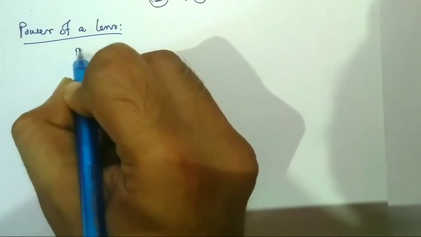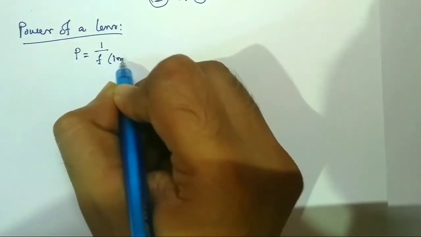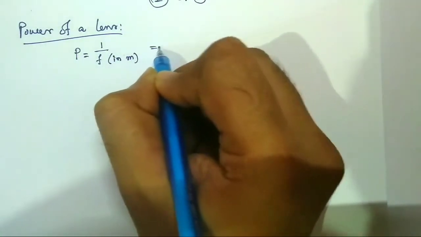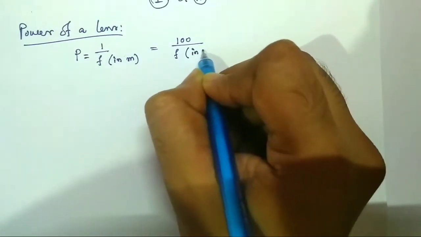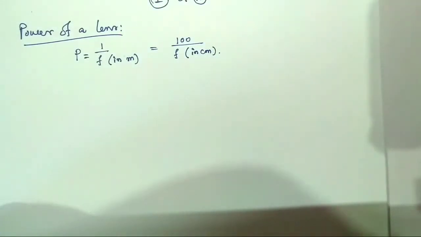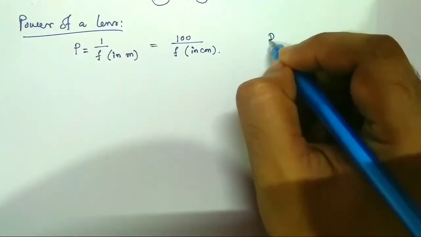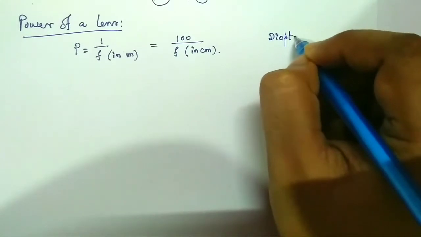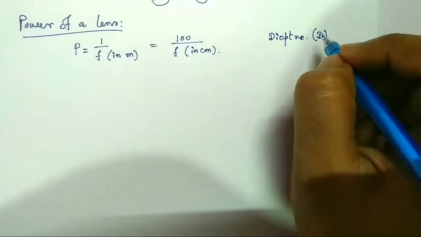We know the mathematical form of the power of a lens is given by P equal to 1 by F, if F is expressed in meter. This is equal to 100 by F if F is expressed in centimeter. Okay? The unit of power is known as diopter, which is written as D.